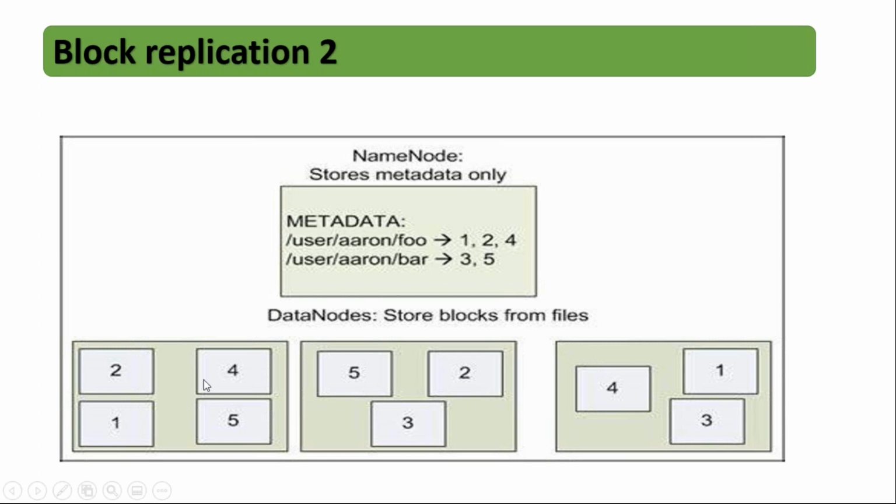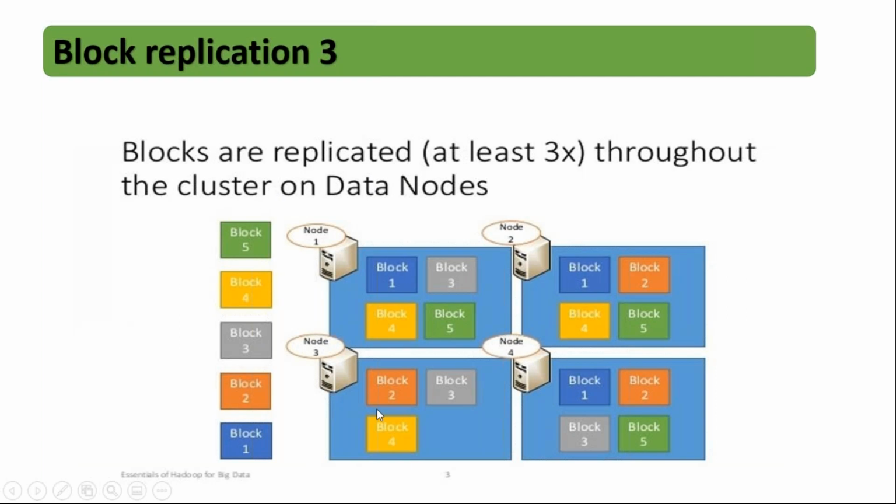If one data node fails, you still have the data in other data nodes. It will go there, process the data, generate the results, and show them to the user. In case 2 data nodes fail, then as we discussed, increase the block replication to 3 times or 4 times, 5 times, depending on your choice.